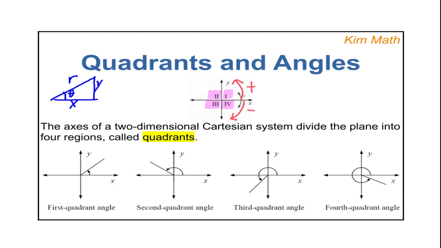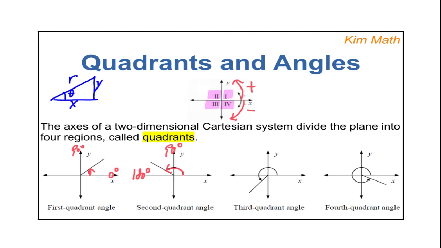If your angle is from 0 degree to 90 degree, your angle is here. And if your angle is greater than 90 and less than 180, actually this one, right? Your angle is in the second quadrant.